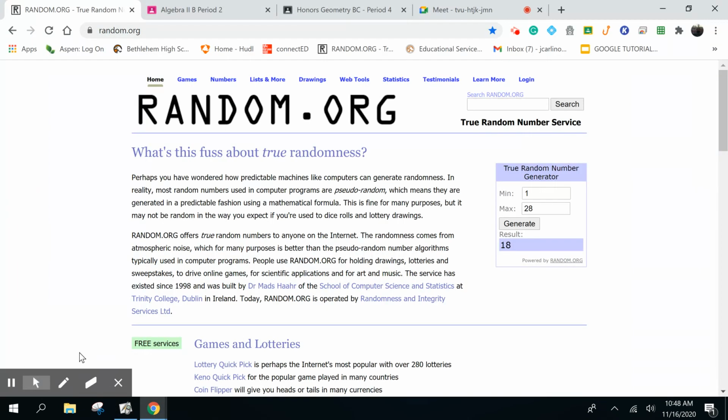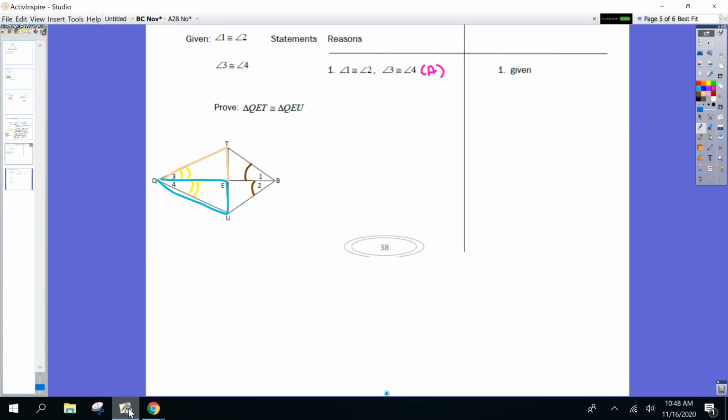I'm going to go quick through this. We're almost done with this unit. Atticus, what else can you mark on the diagram? About those two triangles, what can I also mark on the diagram?